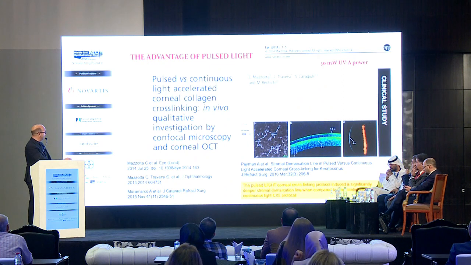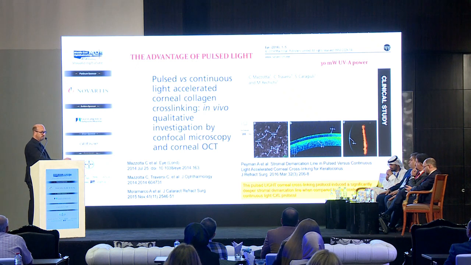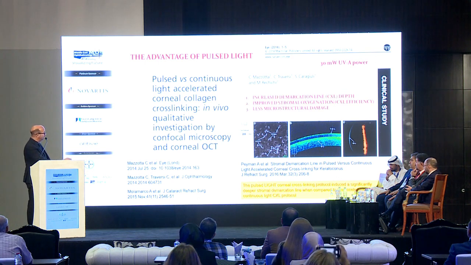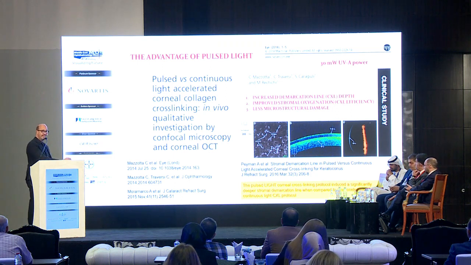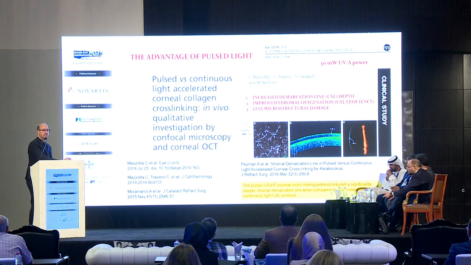These were the first studies that I published on the pulsed light when it was introduced for the first time, demonstrating that the pulsed light induces a significantly deeper stromal demarcation line when compared with the continuous light. Not only that, but we improve the oxygenation and we induce less microstructural damage to the keratocytes.